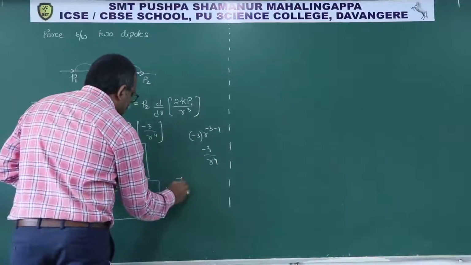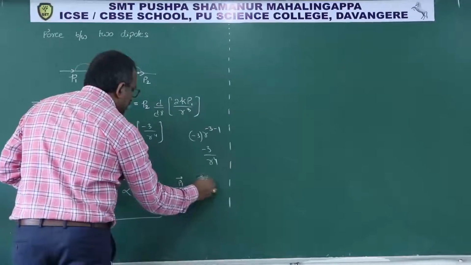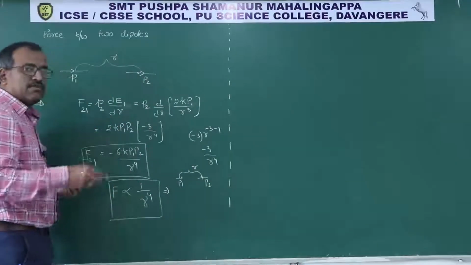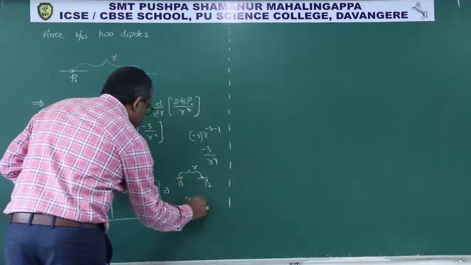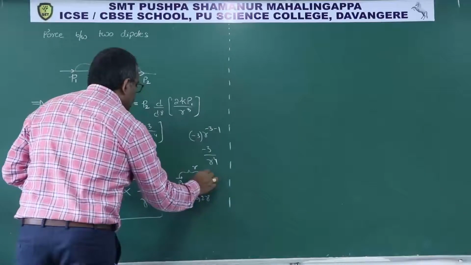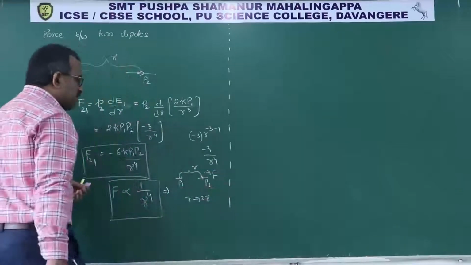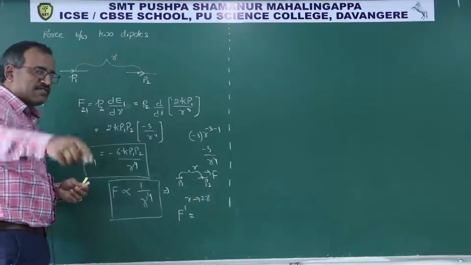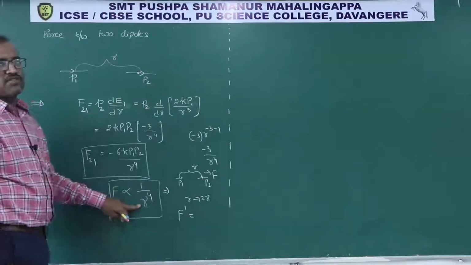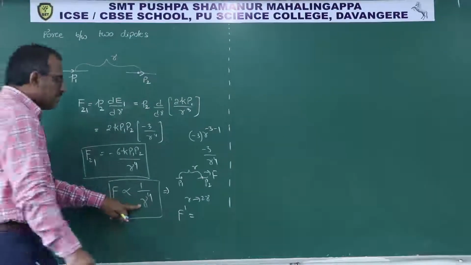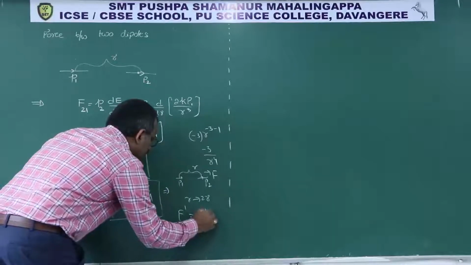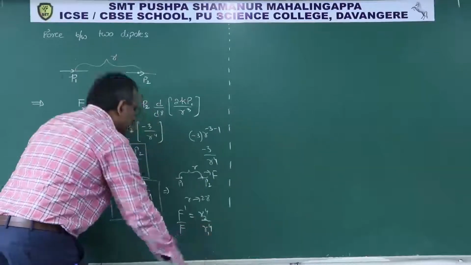If this is dipole P1, this is dipole P2, separated by distance r, now if the distance gets doubled and the force initially between them is F, what happens to the force F dash? Yes, it is very clear, inversely proportional to r power 4. That means F dash by F is equal to r2 power 4 by r1 power 4.